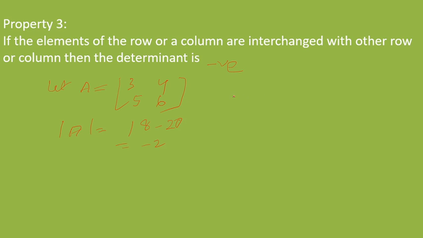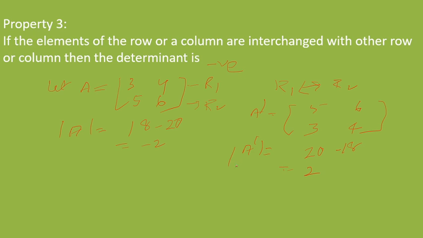Now when I interchange, this is row 1 and this is row 2. If you interchange row 1 with row 2 and row 2 with row 1, your new matrix will be 5, 6 on top and 3, 4 below. The second row becomes the first row and the first row becomes the second row. Now what is the determinant of the new one? Let me write it as A dash. The determinant of A dash will be 20 minus 18, which is 2.